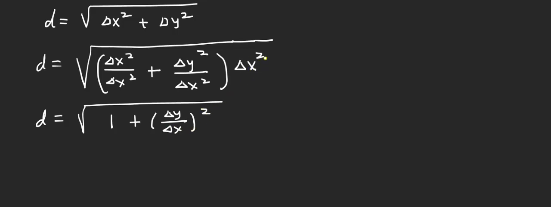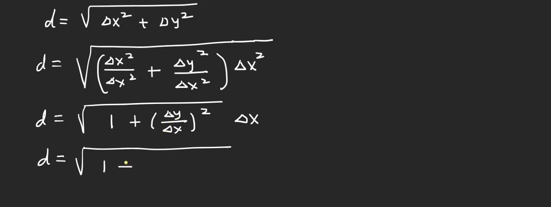And then delta x squared comes out from the radical, so you just get delta x outside the radical. Now, if you recall, delta y over delta x is like dy over dx. So we could write it as 1 plus quantity dy over dx squared. And the delta x is like dx.